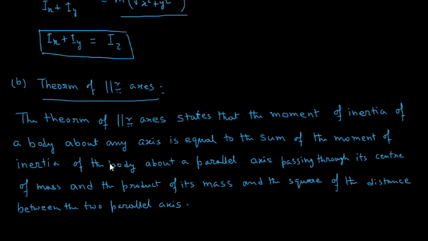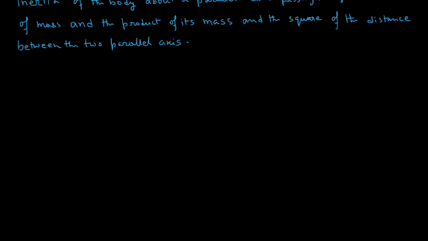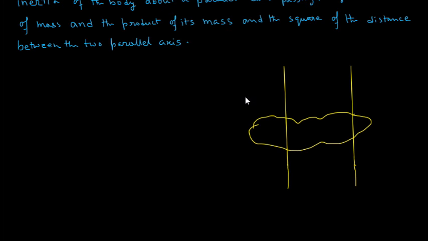So let us prove it. Let us first draw the diagram. So this is the body and here are the parallel axes Q and R. The distance between them is say A. This is PQ one axis and RS the other axis.